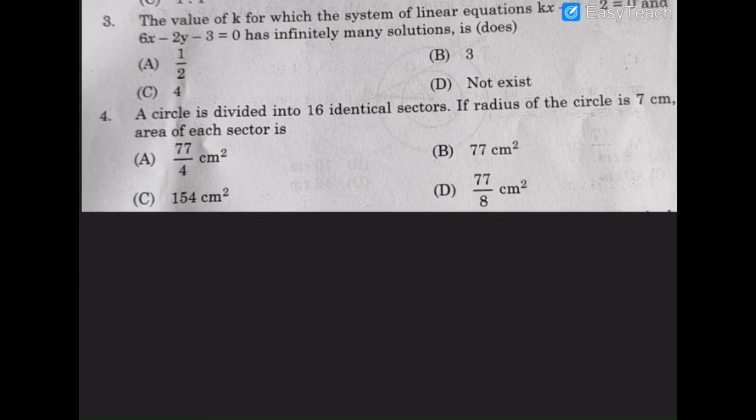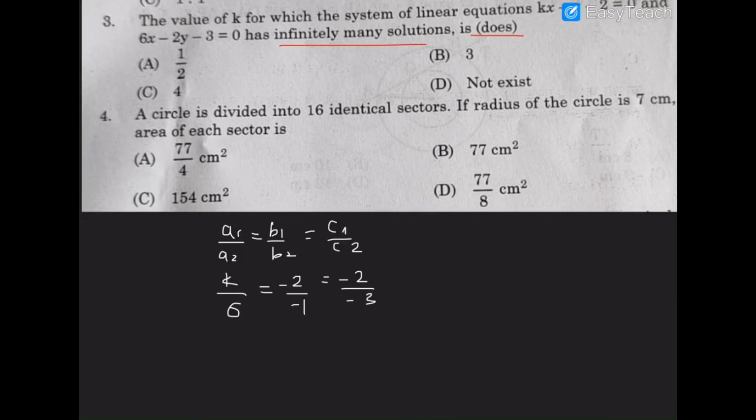Next, find the value of k for which the system of linear equations has infinitely many solutions, and does it exist or not? For this, a1 by a2 equals b1 by b2 equals c1 by c2. So when you put the values, k by 6 equals -2 by -1 equals -2 by -3.